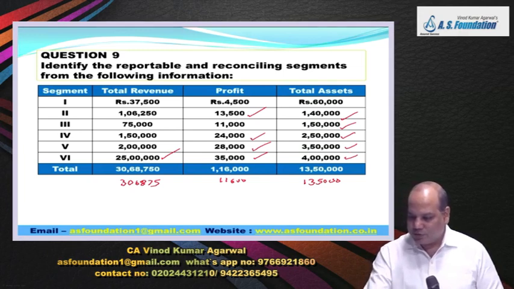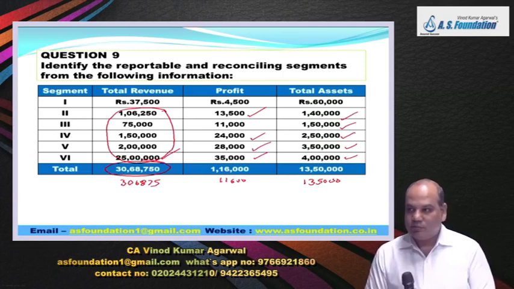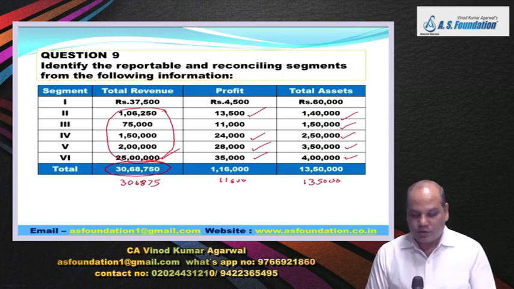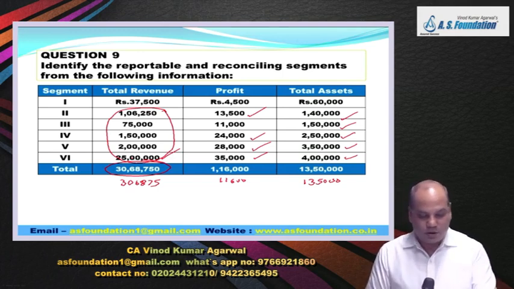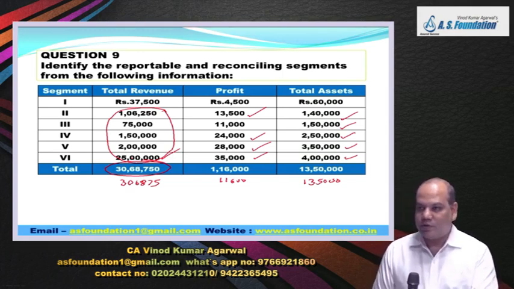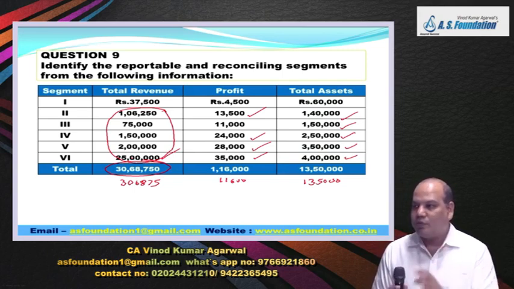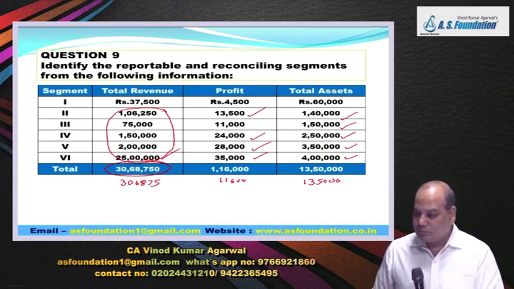Come back to this first column. Check whether the total revenue of reportable segments is greater than 75%. Yes, how much is that? 98%. 98% is more than 75%. So our final answer is 2, 3, 4, 5 and 6.